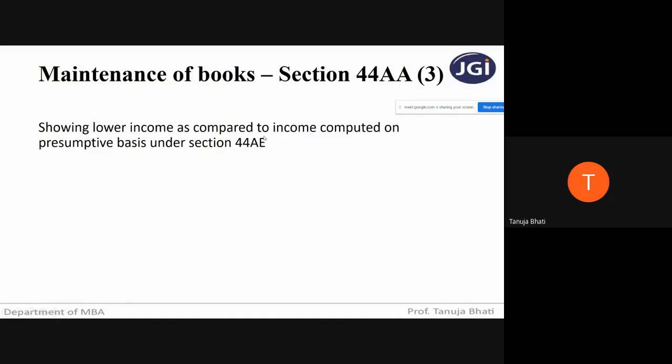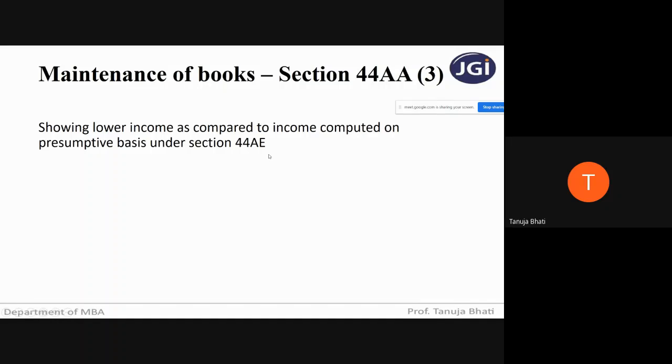Let me tell you. In order to relieve the burden on small business people, the government has come up with taxation on a presumptive basis. This particular set of businesses can show their income on a presumptive basis, and they need not maintain the books of accounts. So what is 44AE?